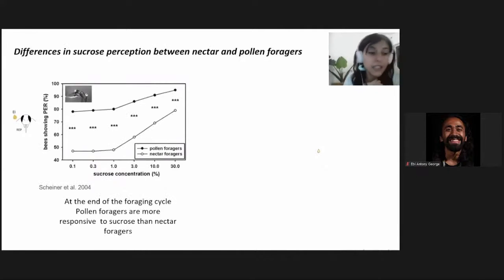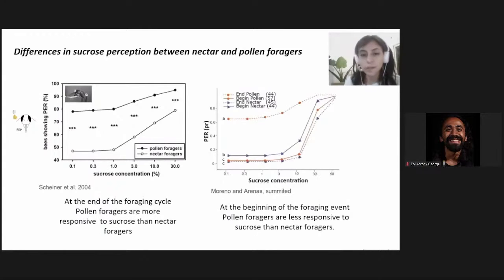When bees were tested at the end of the foraging cycle, pollen foragers were more responsive to a broader spectrum of sucrose concentrations than nectar foragers, which instead responded to highly concentrated sucrose solutions. On the contrary, recent studies show that at the beginning of the foraging trip, pollen foragers were less responsive to sucrose than nectar foragers.